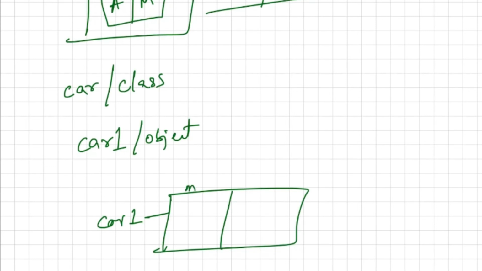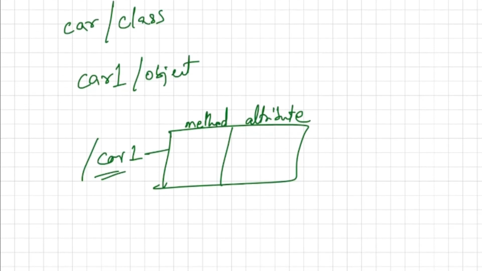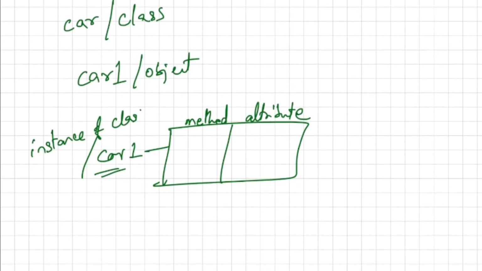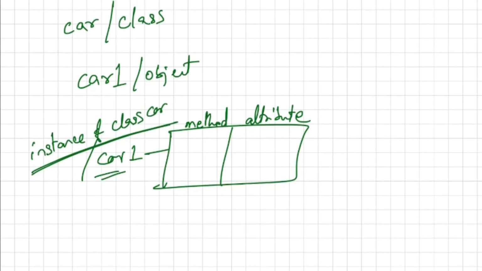One is called method and the other one is called attribute. Since this car is an instance of class car, it will have the methods of class car, which are start, stop, or brake.